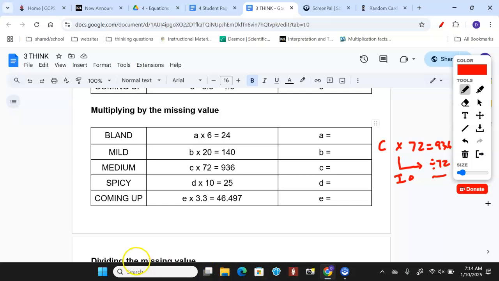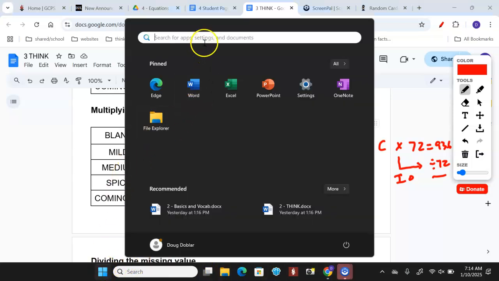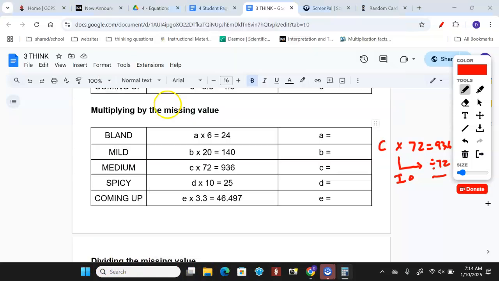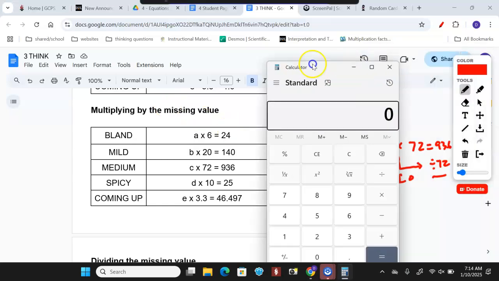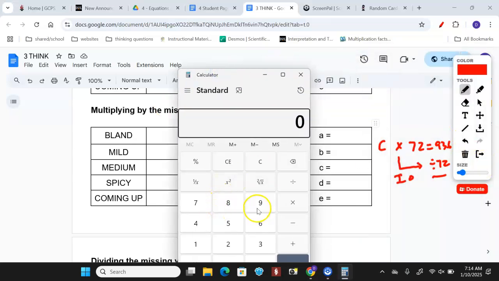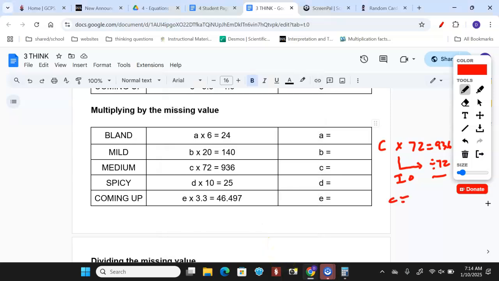And then if I pull up my calculator, 936 divided by 72 tells us that C would be 13 here.